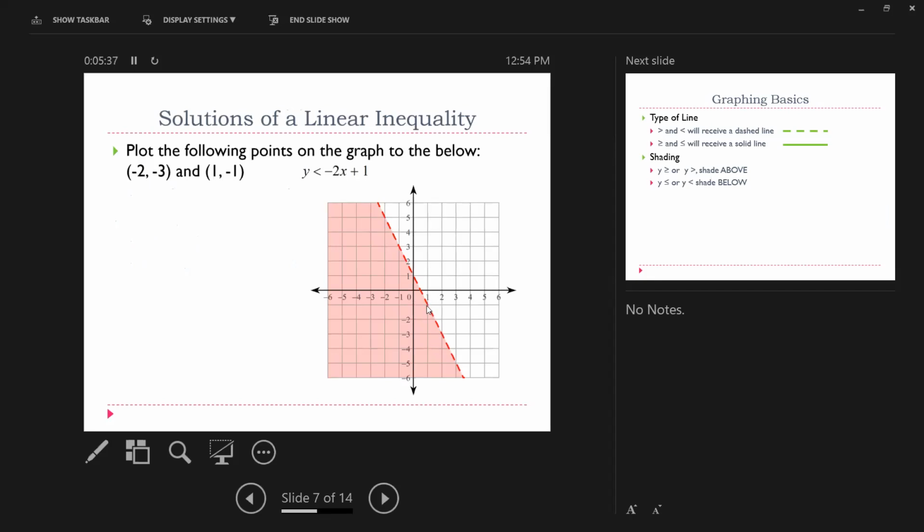Well, when it's less than or greater than, and you have to graph it with a dashed line, that's the boundary of the solution area, but it's not included. So anything on that dashed line is not going to be a solution.